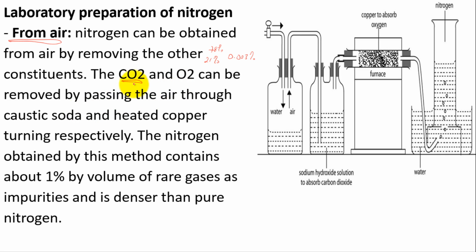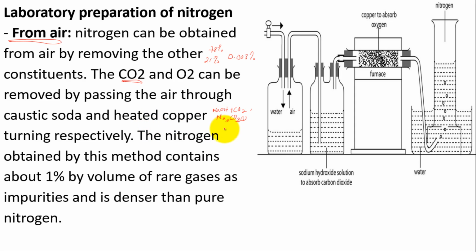And for us to do that, like CO2, you can use caustic soda. If you use sodium hydroxide, pass it towards CO2, automatically you get it to form sodium carbonate, solid.